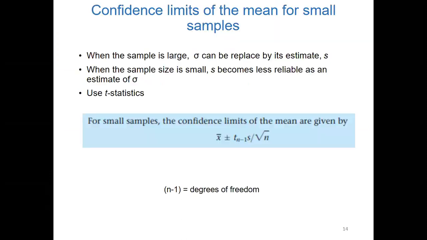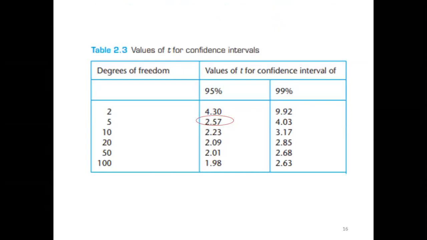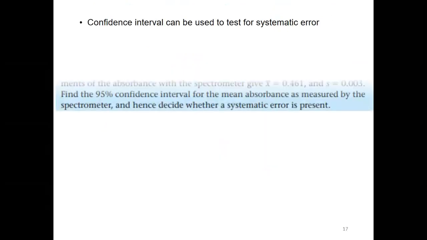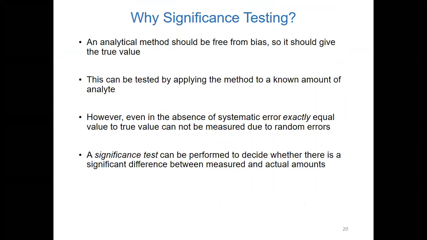We discussed the confidence interval or confidence limits, and how to find the confidence limit using t-statistics. We did some calculations, and the significance test. That is one of the most important things we discussed.